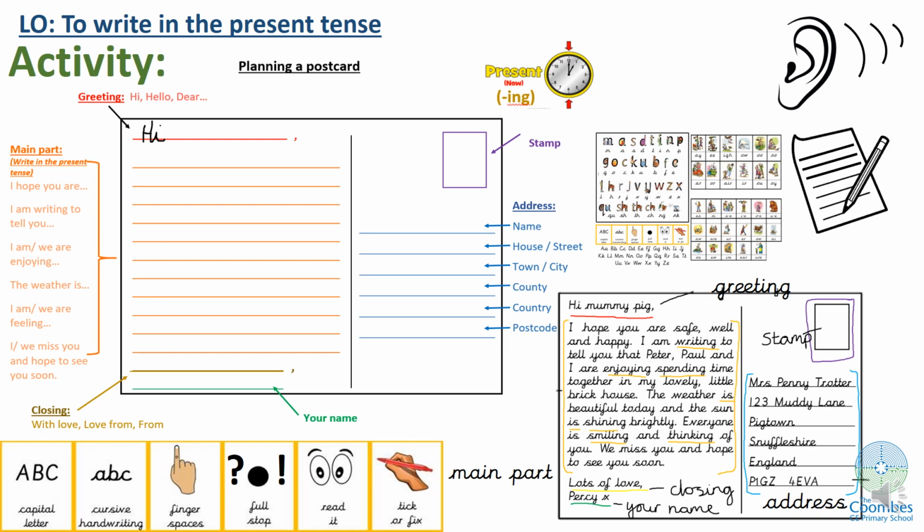So I'm going to carry on writing from the pig's point of view, but you can carry on writing as you. I'm just going to carry on with a hi, Mummy Pig. And it's okay if I go off the line a little bit.